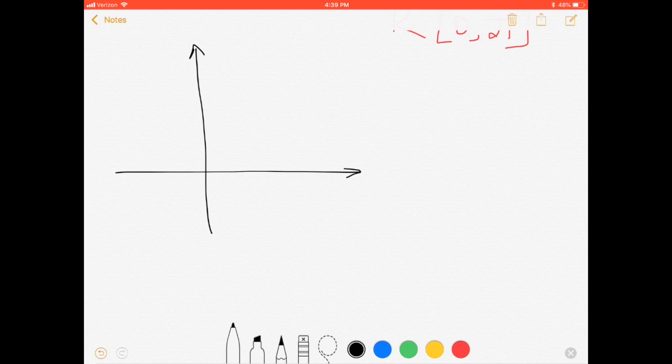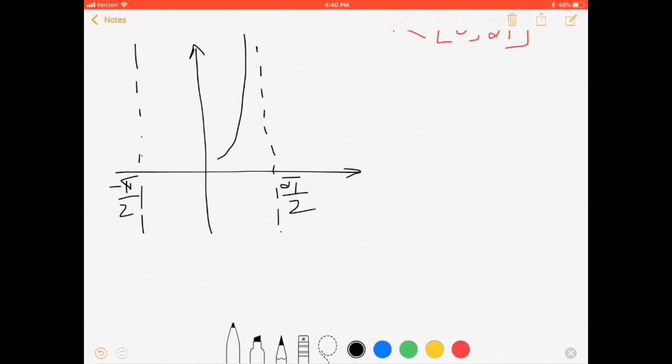This will be negative pi over 2 and positive pi over 2. And this will be the graph. And this is y equals tangent x.